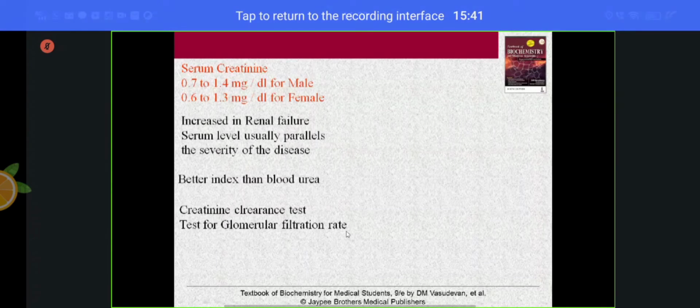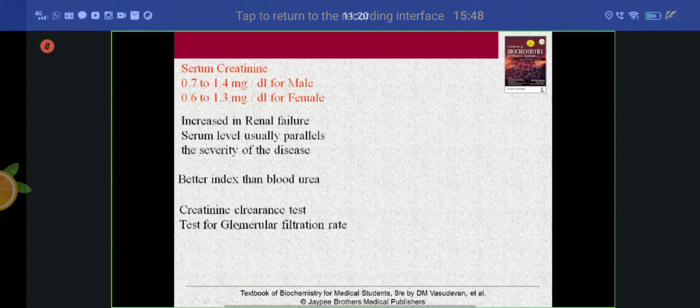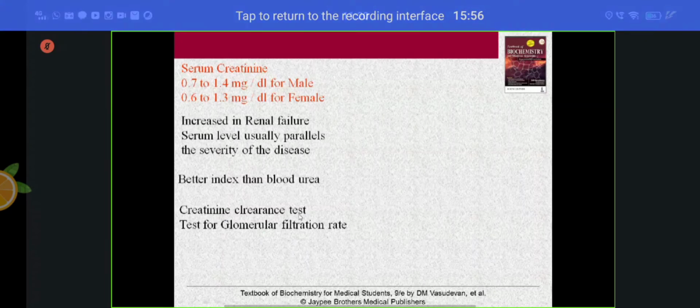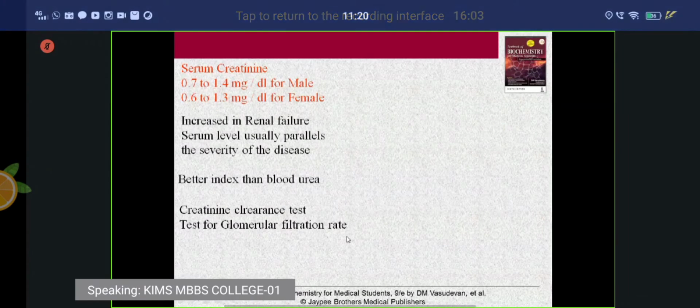All of you might know about kidney physiology. To test the GFR, we do the creatinine clearance test. The GFR is around 125 ml per minute. As a biochemist, we use creatinine to estimate the GFR.